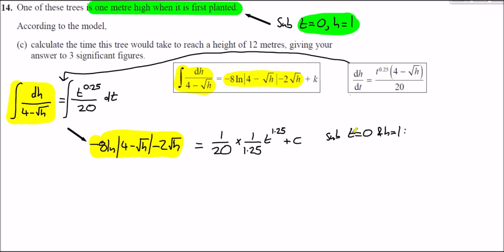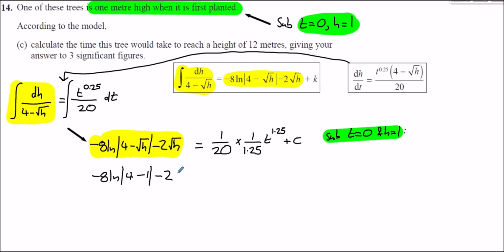So our next step is going to give the following. This is going to become now minus 8 ln, now this is going to become 4 minus root 1. So I'm just going to fill in what this actually is. So I'll just say it's 4 minus 1 minus 2 times root 1, which is just minus 2, of course.